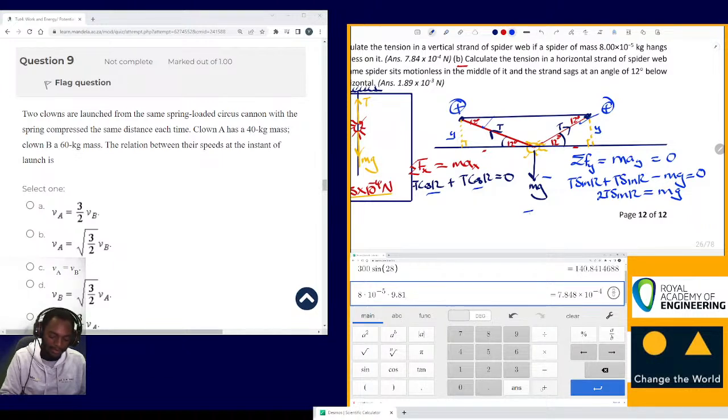If you make T the subject, T is equal to mg over 2 sine 12.